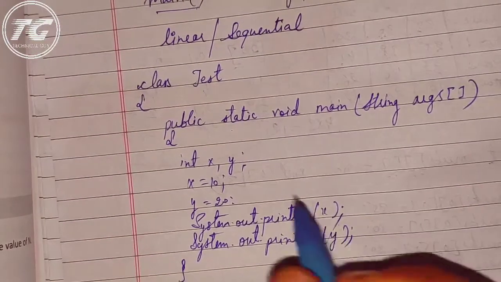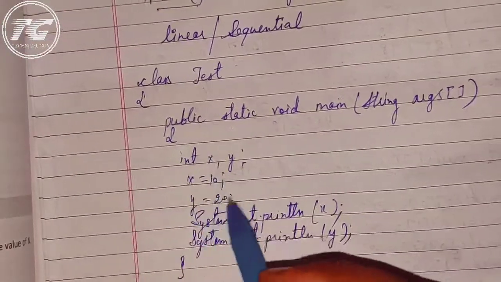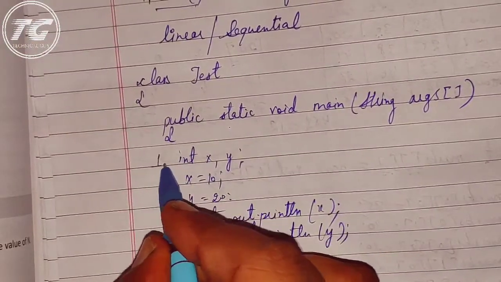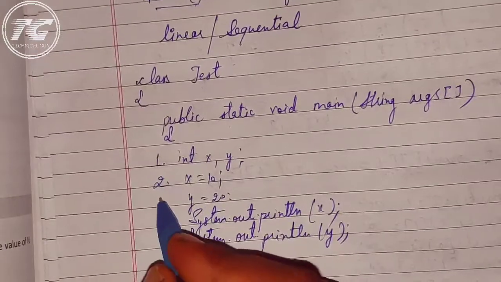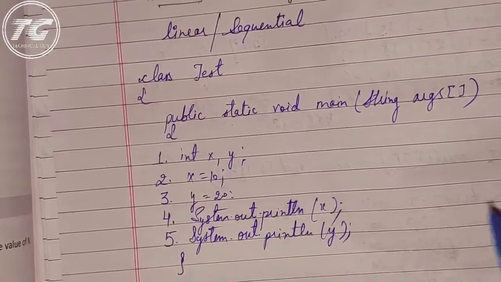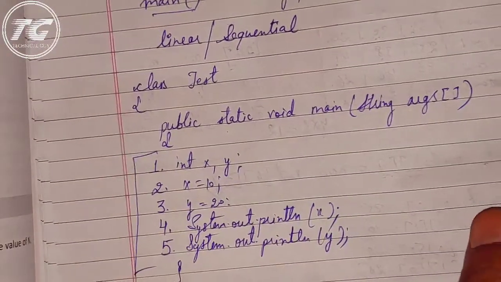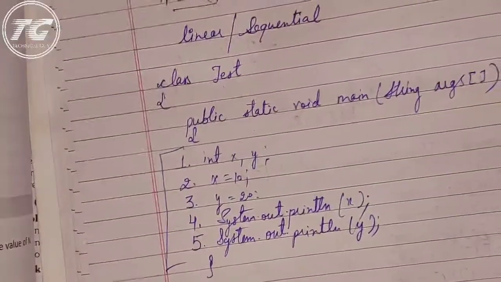So here, as you can see, in the main method we have these many statements. This is the first statement, this will be the second, this will be the third, this will be the fourth, and this will be the fifth. So we have 5 statements inside the main method.